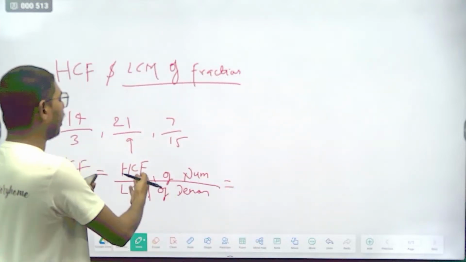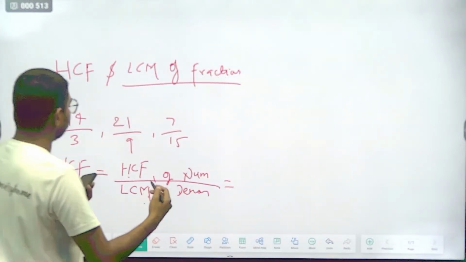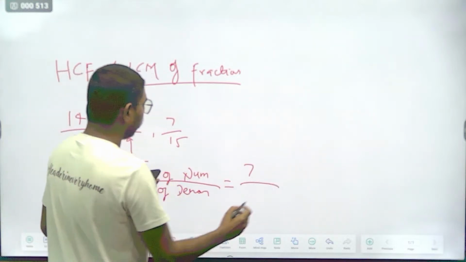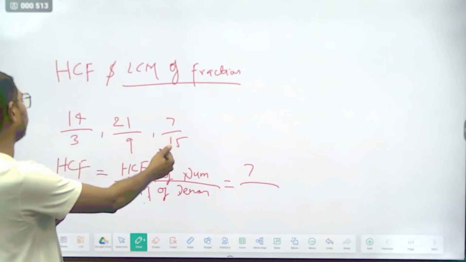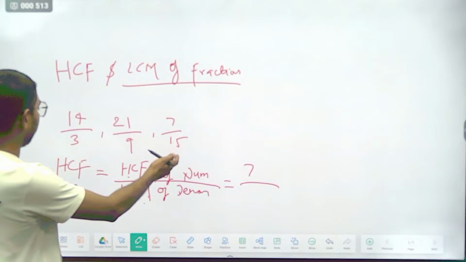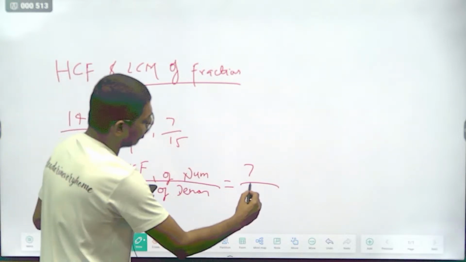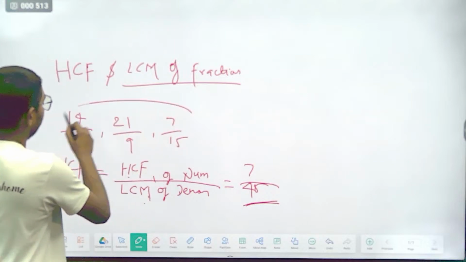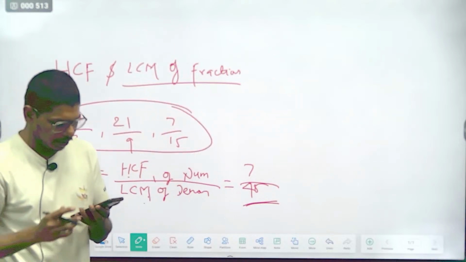So we have to find the HCF of the numerator. What is the HCF of 7, 21 and 14? 7, right? And over here the LCM of the denominator, that is 45. So this is basically your HCF of this given fraction, right?